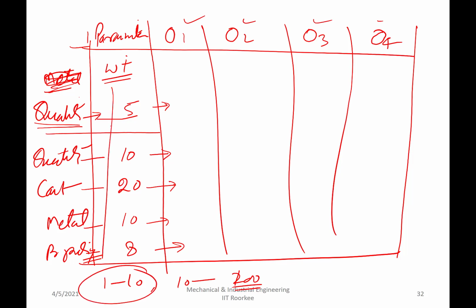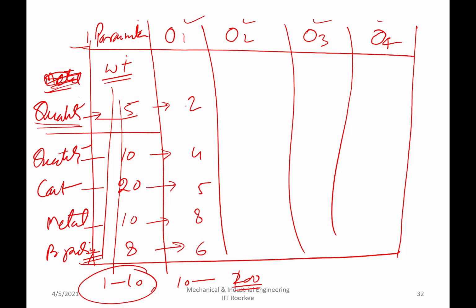These parameters have their different weights. Say option 1 is being rated for quality, quantity, cost, metal, property, etc. I'm writing randomly, say 3, 4, 5, 8 and 6.